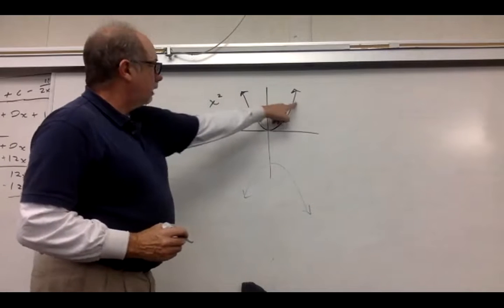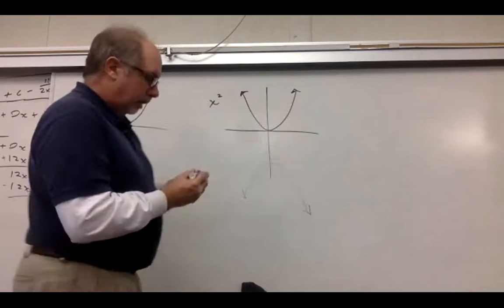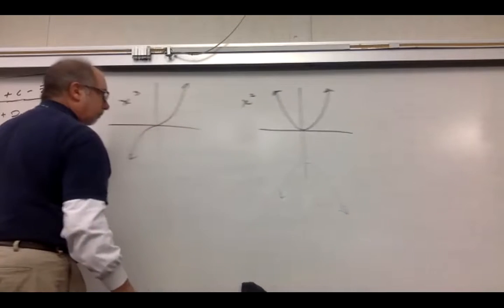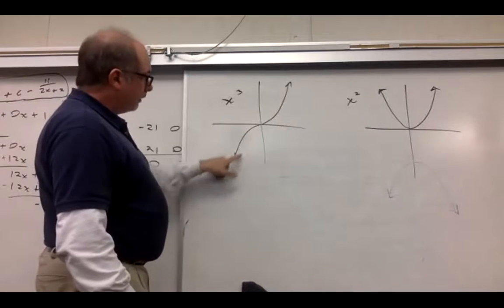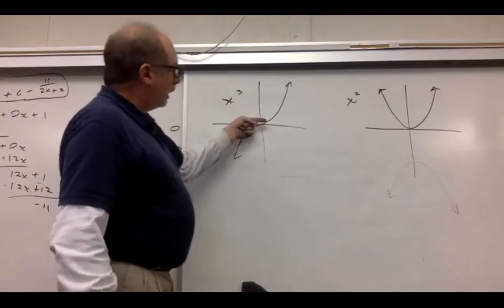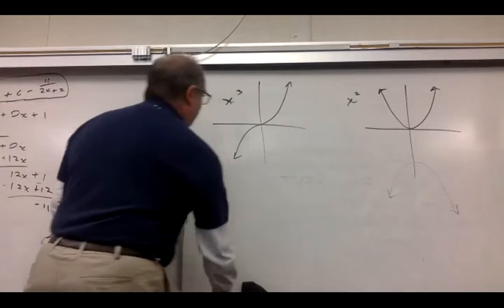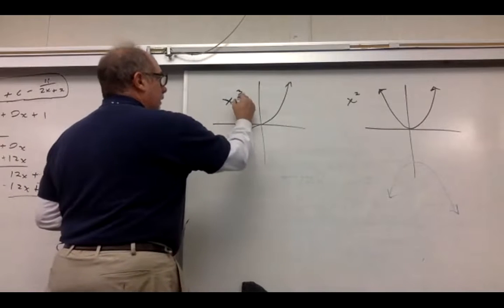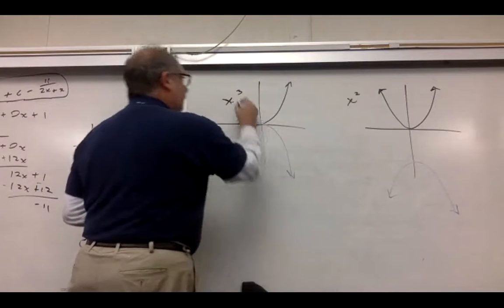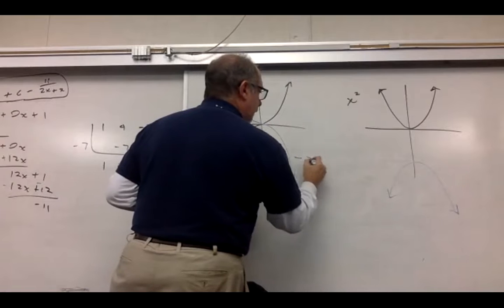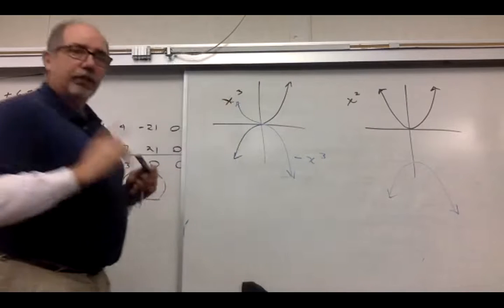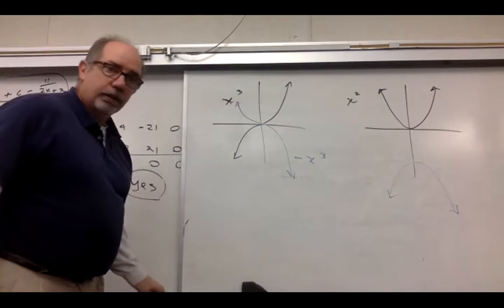If it goes up, the leading coefficient is positive. For an odd degree function, if it goes down as x goes negative and up as x goes positive, the leading coefficient is positive. If it goes the other way, like that, then the leading coefficient is negative. That's what you have to remember about this stuff.